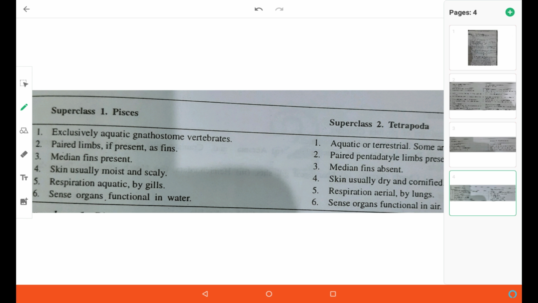The respiration is by gills, because all the pisces inhabit the aqueous environment. Respiration is aerial in tetrapods mostly, and they breathe by lungs.